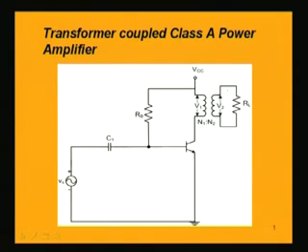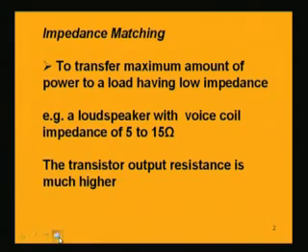As mentioned, this is to transfer the maximum amount of power to a low impedance load, for example a loudspeaker where the voice coil impedance is only around 5 to 15 ohm, while the transistor output resistance in the large signal amplifier is much higher. So we have to go through a transformer coupling.